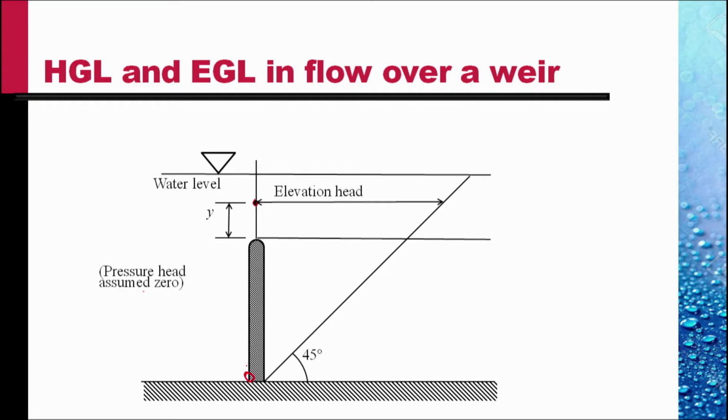So the pressure head all across this jet of water that emerges over the weir is atmospheric all through, and so the pressure head is assumed zero. We talk about the gauge pressure. The hydraulic grade line then looks like this, because the pressure head is zero. So the elevation head line and the hydraulic grade line would be the same. The hydraulic head is maximum here and is minimum here.